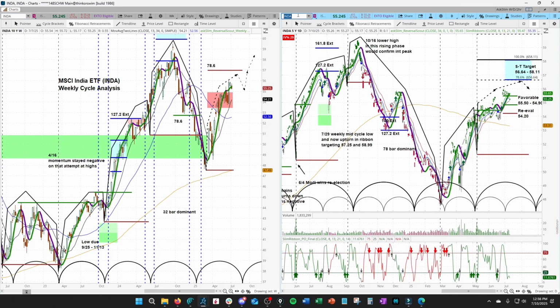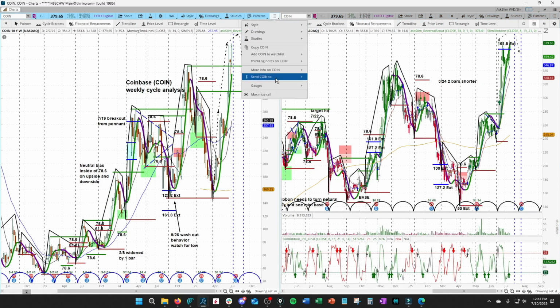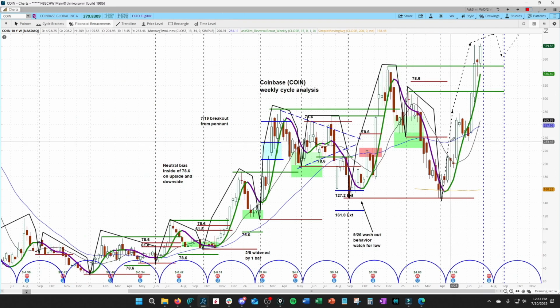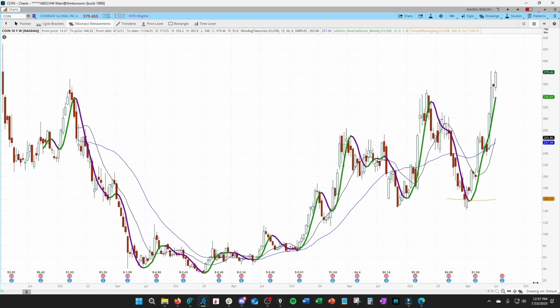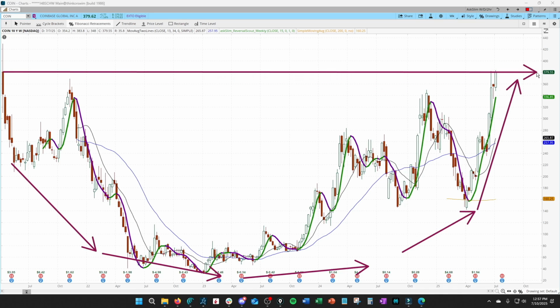Jump over to COIN. COIN has been an absolute monster on the upside. There's a trough here that's due 714 to 91. I'll just hide the drawings for a second. You can see how powerful this is. Go way back. This is the old IPO. We're building a massive looking base here in COIN.